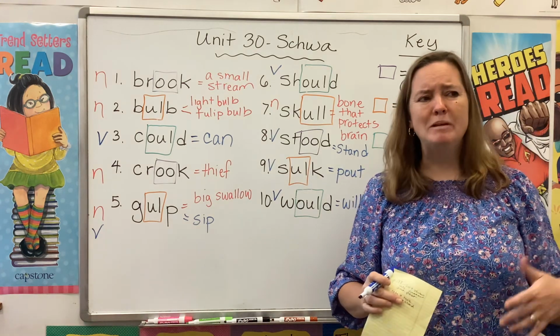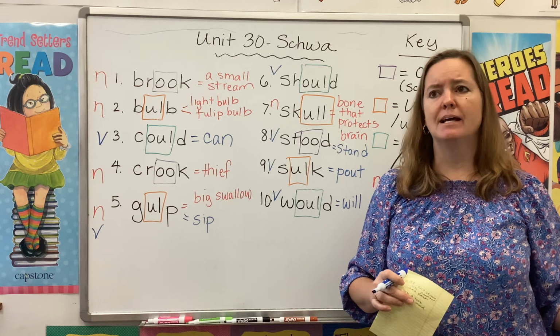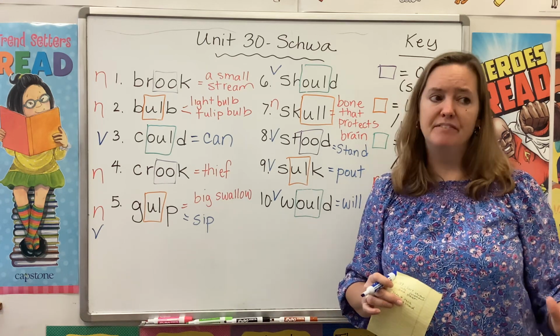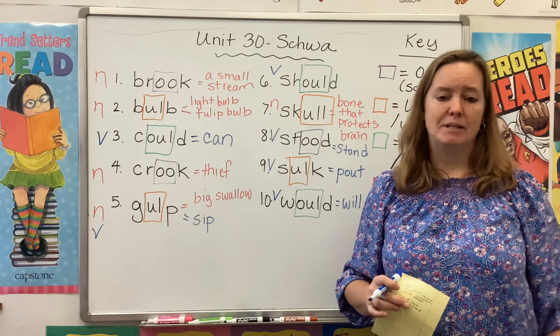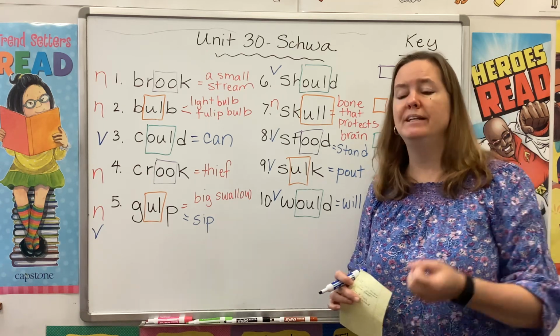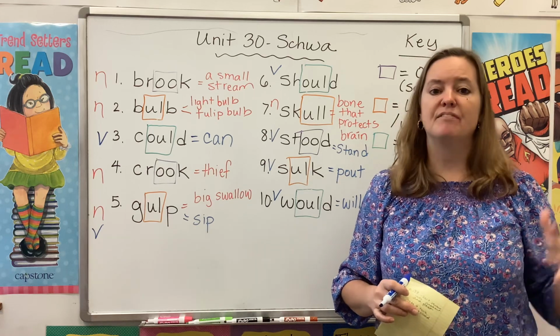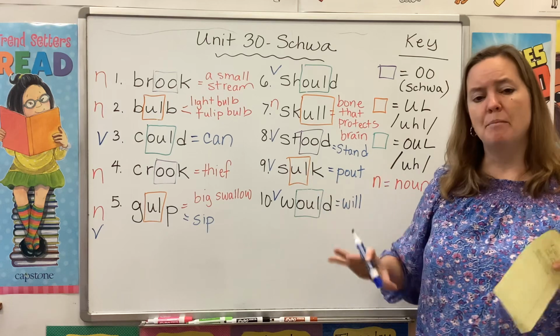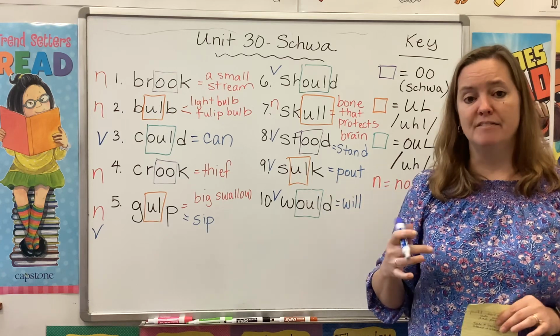It can also mean maybe, like I said I would go to the store if we could stop at the library first, right? Mom said she would give me $1 if I made my bed. So would has something to do with maybe or if.